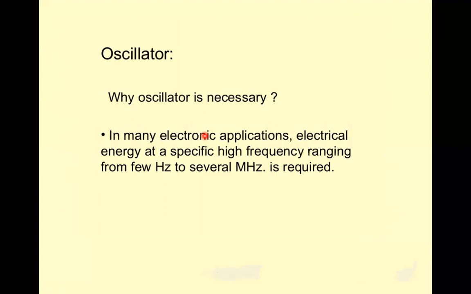So now, oscillators. Why do we require the oscillator? Let us understand first why oscillators are necessary. In many electronic applications, electrical energy at a specific high frequency, ranging from a few hertz to several megahertz, is required.